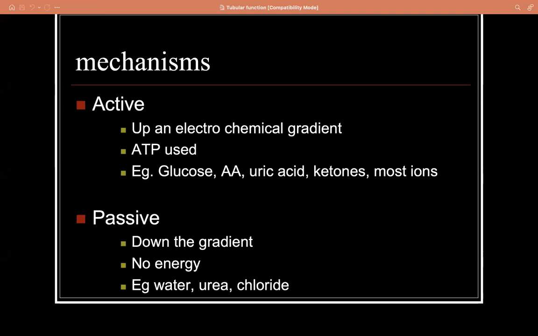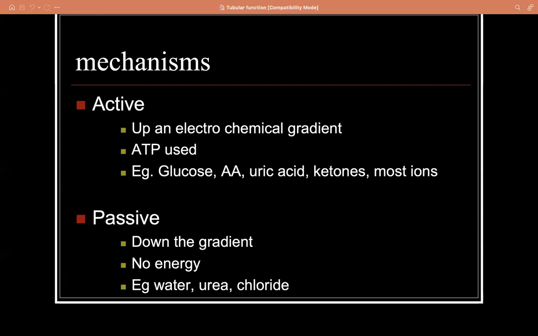On the other hand, for passive, there's no energy used, so things will purely use the forces of diffusion. If it is in excess on one side, it will not move to the other side. In fact, it will move from where it's in excess to where it is less. There's the forces of equilibrium. And therefore, I've given substances that utilize these. There's glucose, amino acid, nucleic acid, ketones.